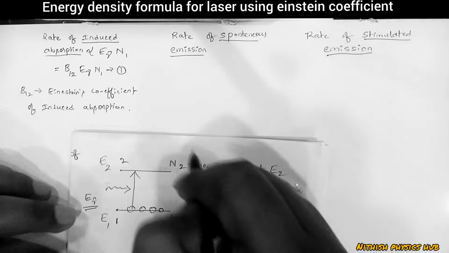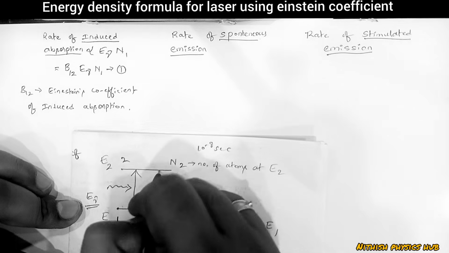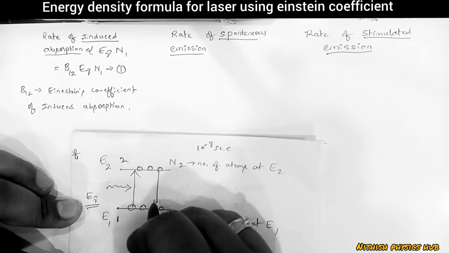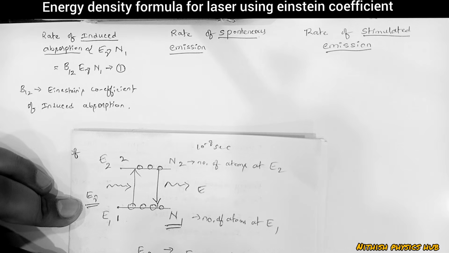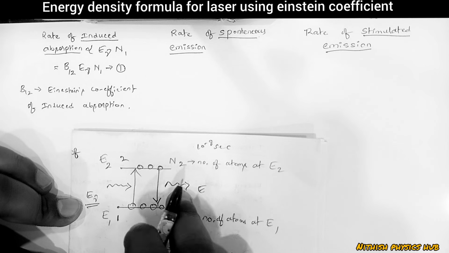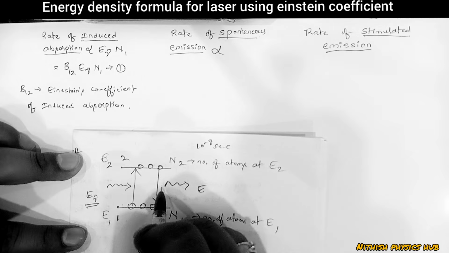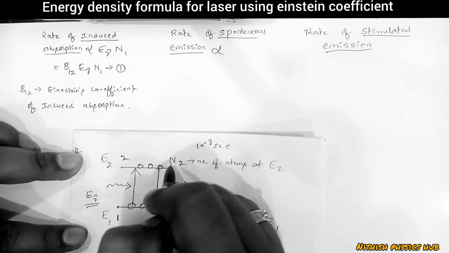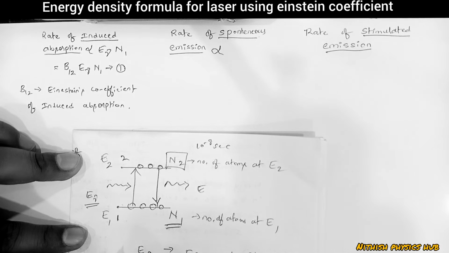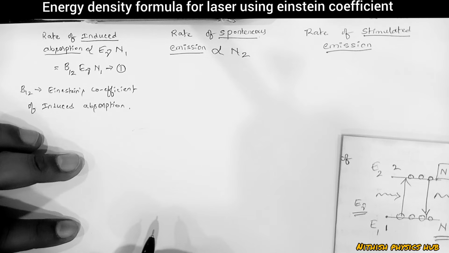Similarly, you know that after 10 to the power of minus 8 seconds, the atoms that have gone to the excited state should come back to the ground state by liberating energy. Here there is no absorption of energy. So it is directly proportional, no energy is involved, which is why E mu is not used, and the atoms coming to the ground state are the N2 atoms. So directly N2 atoms are involved.